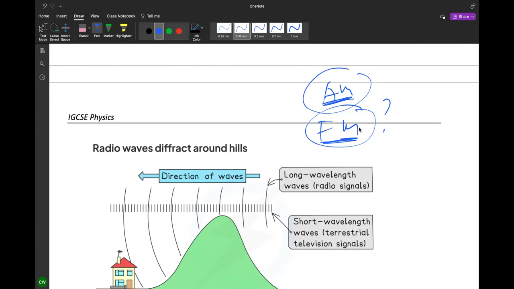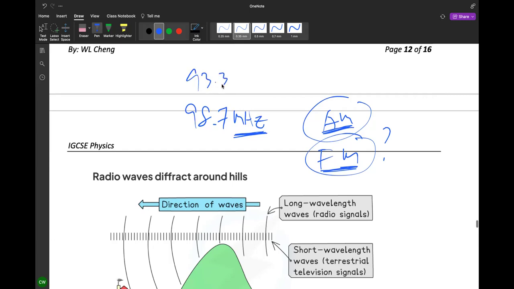Have you heard about FM before? Radio station FM. Do you listen to radio stations? What is your favorite radio station? 98.7. No, I also seldom listen. It's in megahertz, right? Don't know whether anyone still listens to this anymore.